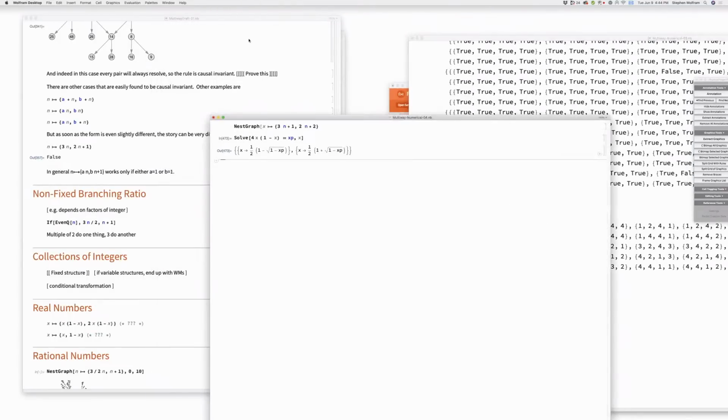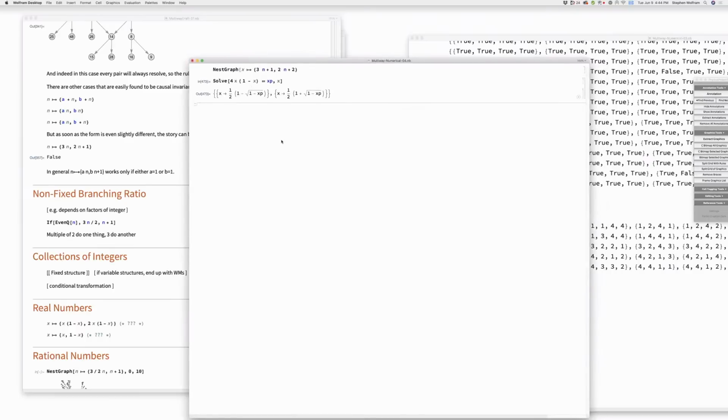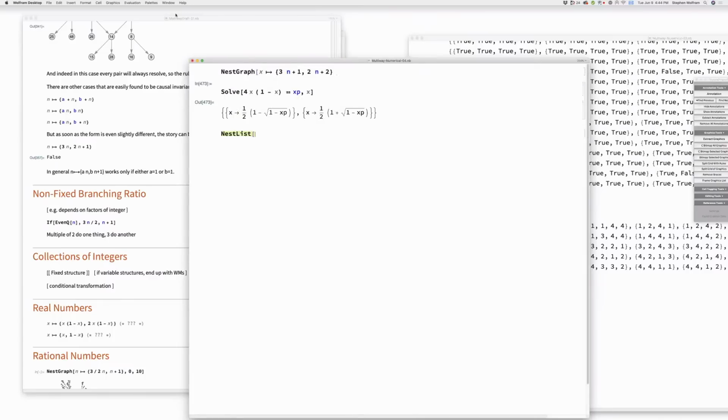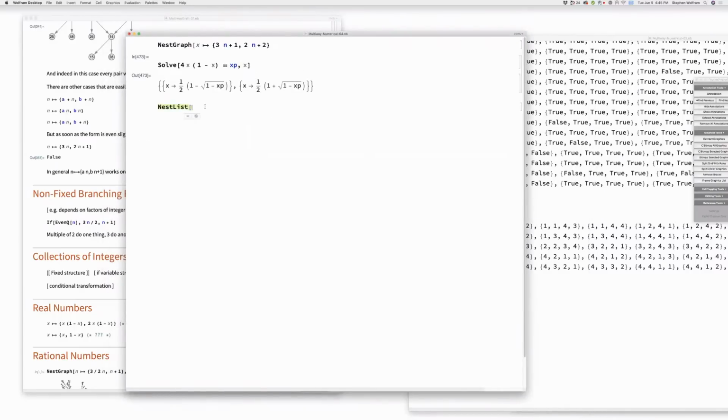Okay, so now what I want to do here is make a nest list of something, where at every step I make the numbers that I have.